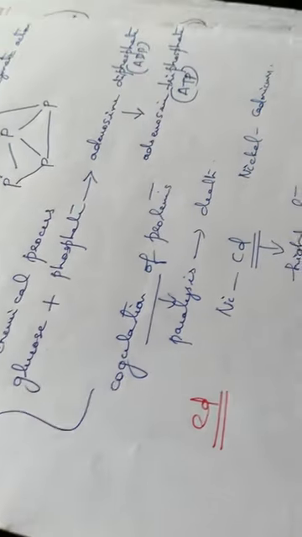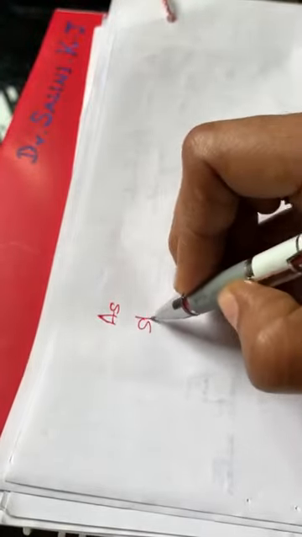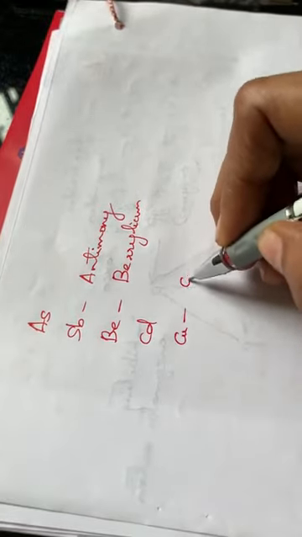Then some other important harmful chemicals which are affecting our body are again arsenic, then Sb is antimony, then beryllium, then cadmium we have seen, then copper, Cu is copper, then molybdenum.